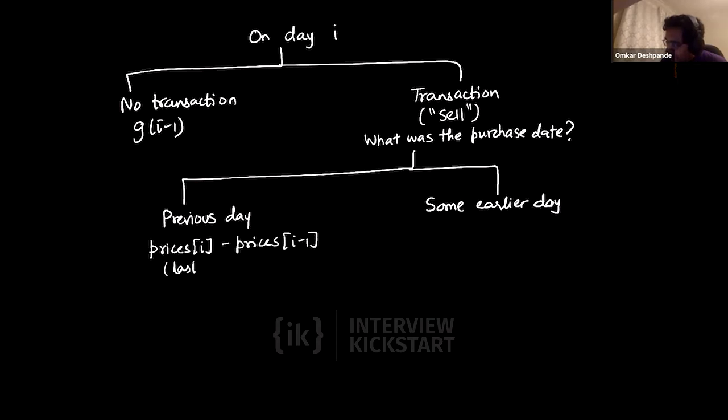Right? This was the last transaction. And then we would say, up to index I minus 1, what is the maximum profit that could have been accrued? But because this transaction started at day I minus 1, we are assuming that we bought it on day I minus 1.